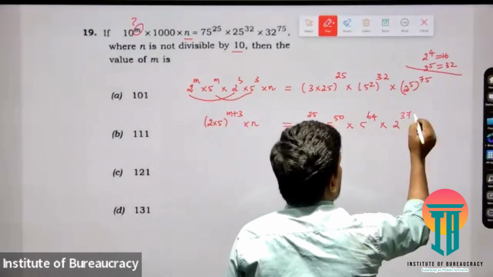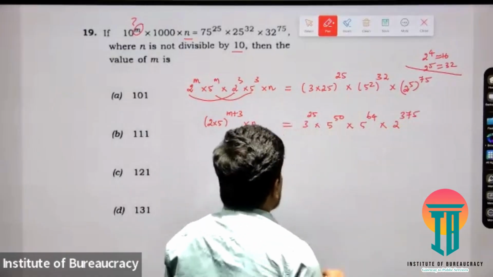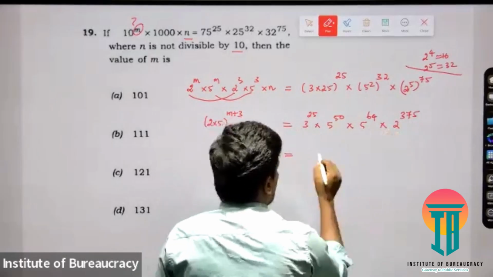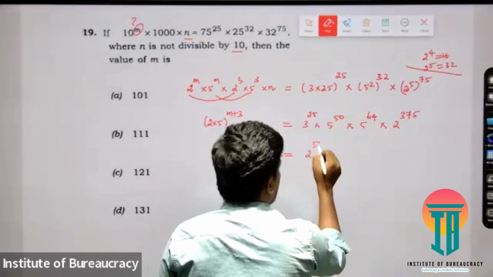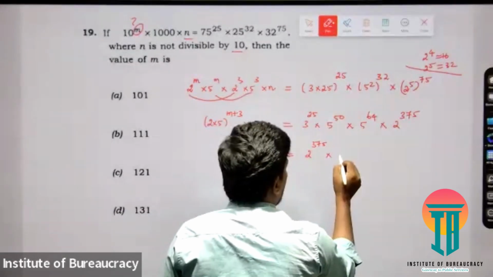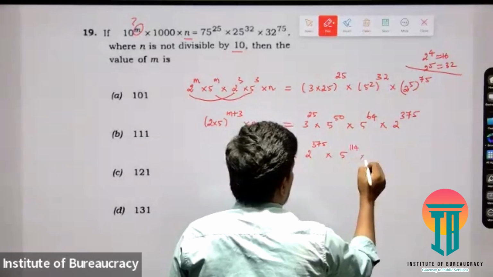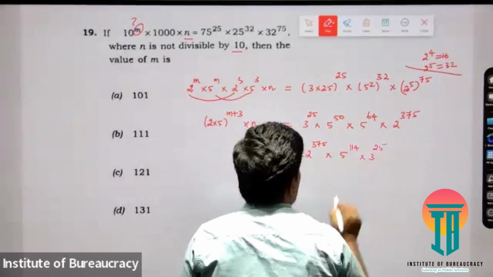So 375. Now you try to combine 2s and 5s. So 2 power 375 into 5 power 114 into 3 power 25.